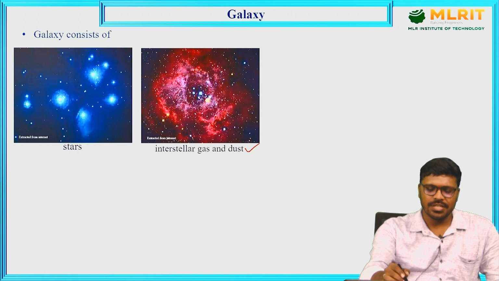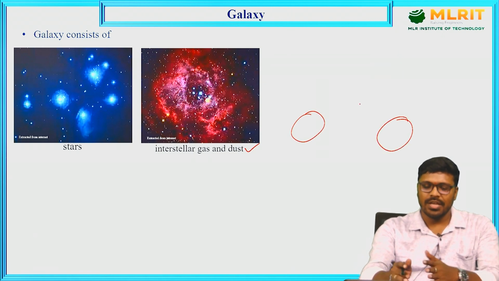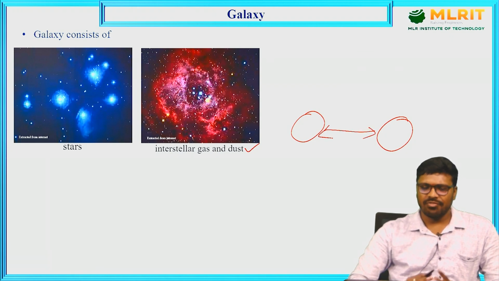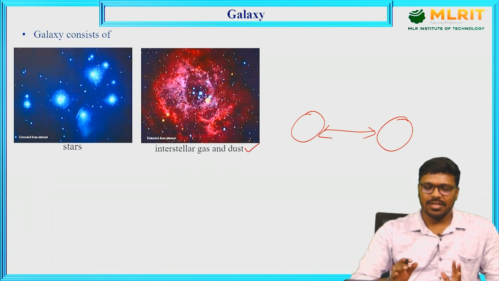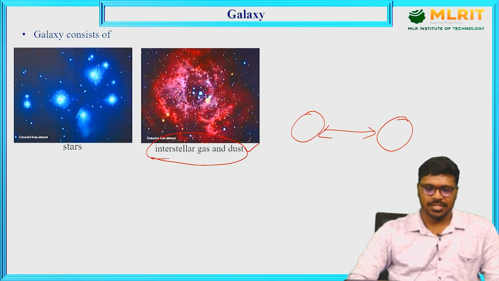Suppose you consider one star here and another star here, there will definitely be some space, even though the star size is very big. The gap between these two stars is occupied by a very thin gas, generally neutral helium. The gap between the two stars is nothing but interstellar gas or dust. That is also one part of a galaxy.